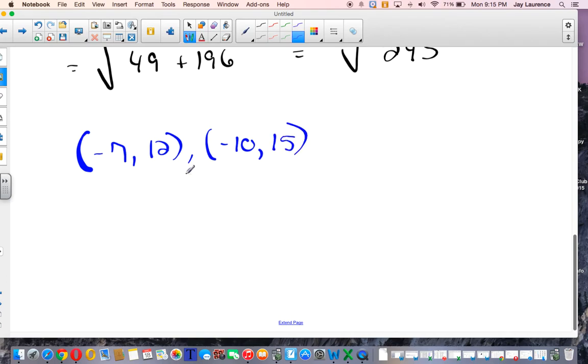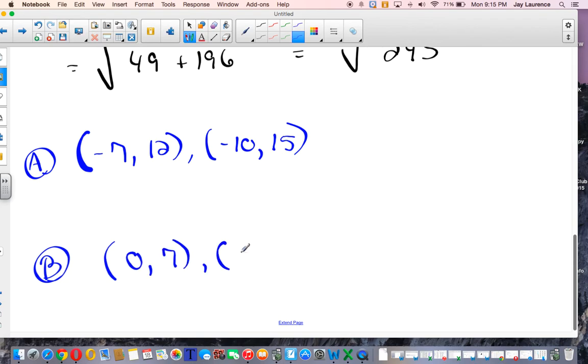All right, see if you can find the distance between those 2 points. Call that problem A, and I'll do problem B. Let's go 0, 7, and -3, -9. Okay, so you can try those. Just plug them into the formula, use parentheses, follow the order of operations, and you should be okay.